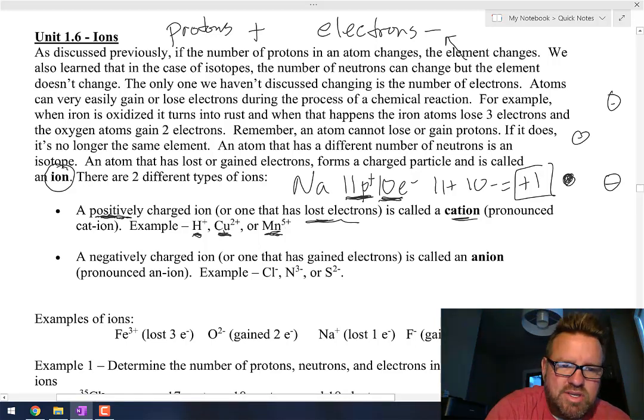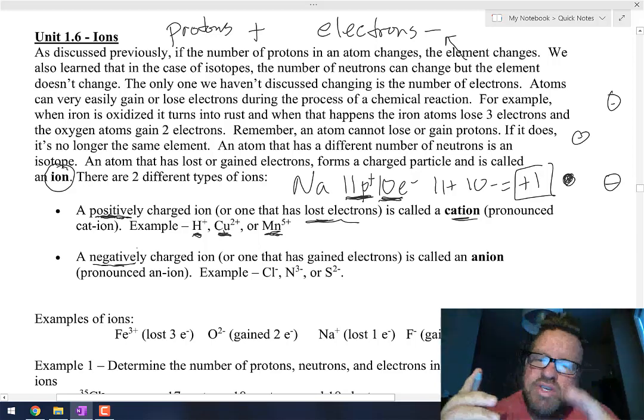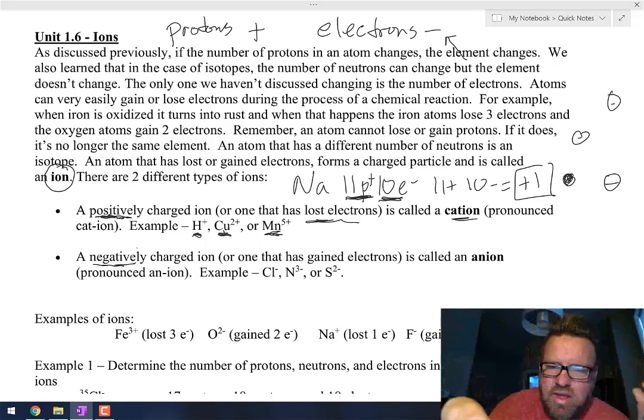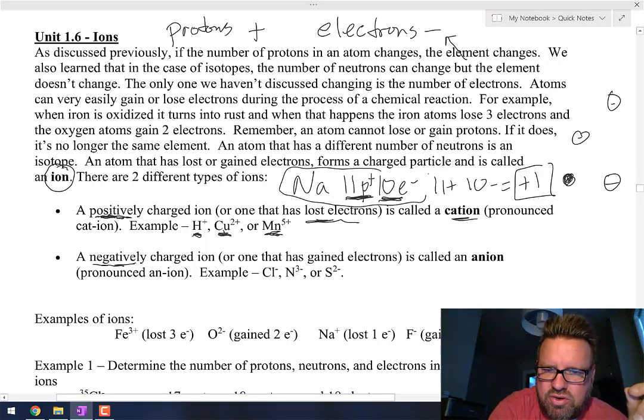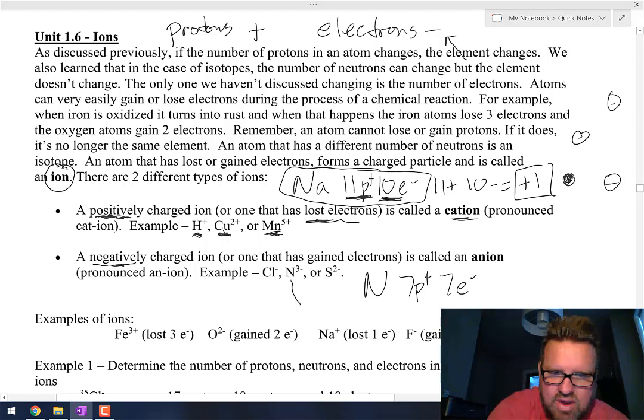Okay, so the opposite is also true. If you have a negatively charged ion, and again, I know in math, hey, if it's minus, you subtract. I understand that. It's not math, it's chemistry. Okay, you have to think about it this way. Nitrogen, for example, has 7 protons and 7 electrons. Many times, though, nitrogen, as you can see right here, will gain 3 electrons.